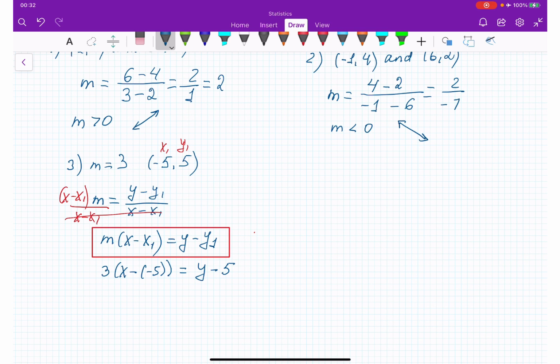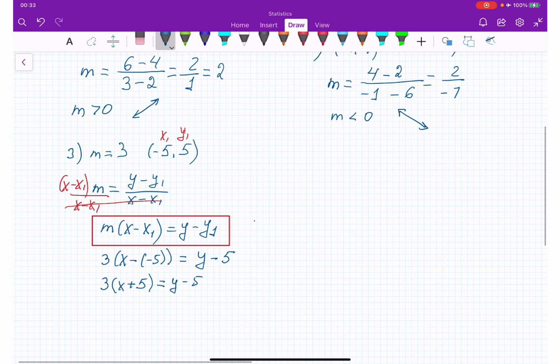Okay, now let us simplify. We get 3 times x plus 5 is equal to y minus 5. Now this form of equation is a slope point form.